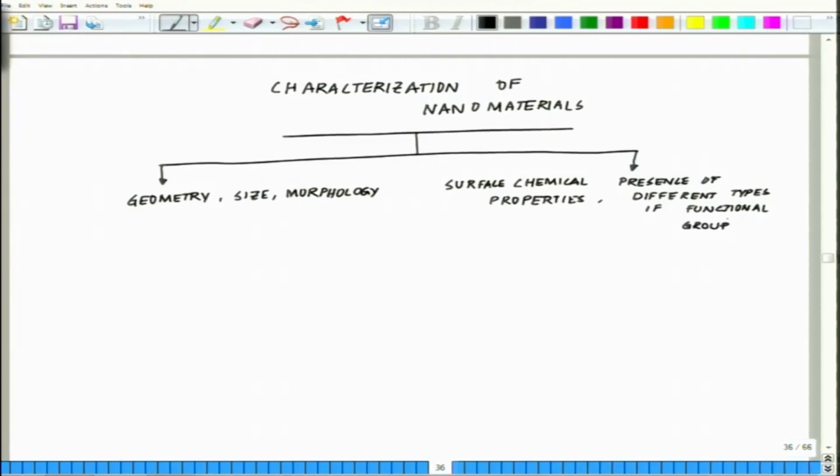Apart from it, at times, whenever we make thin films of nanomaterials or a layering of nanomaterial, we study their water interaction properties.